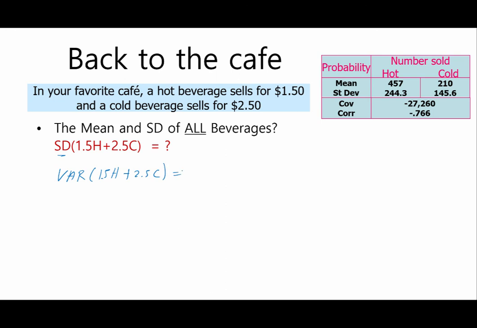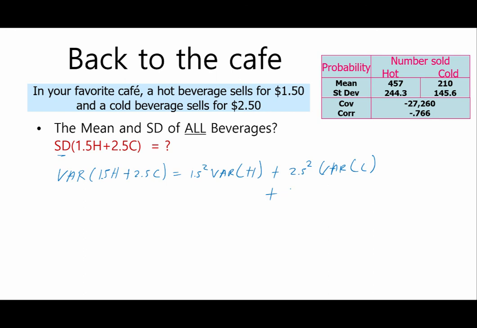And so that's going to be 1.5 squared times the variance for hot, plus 2.5 squared times the variance for cold.